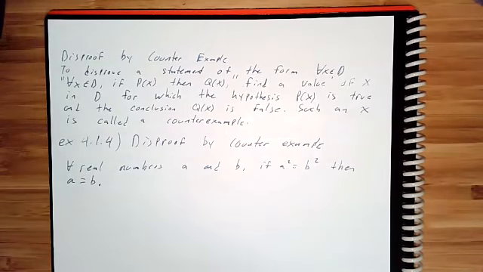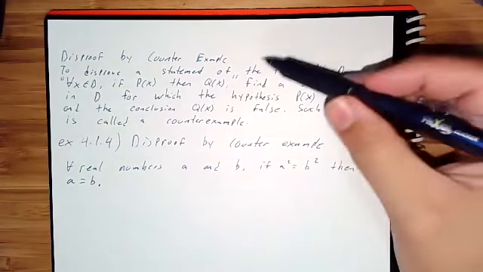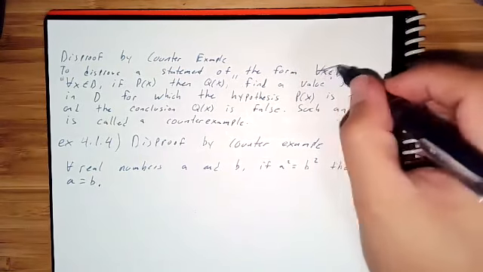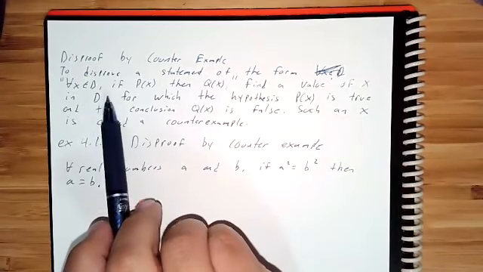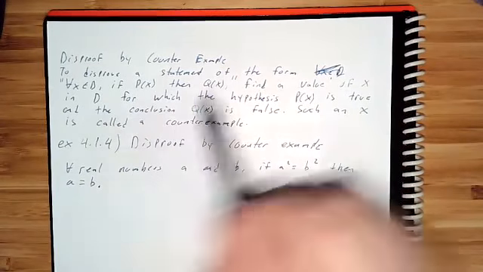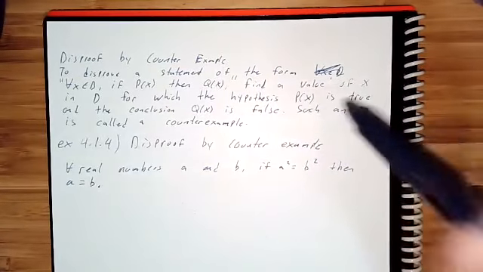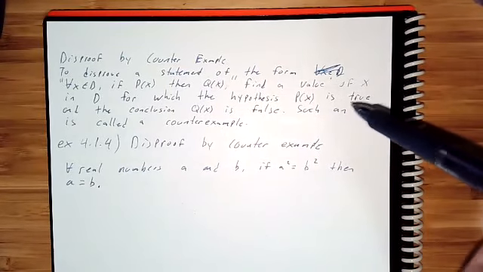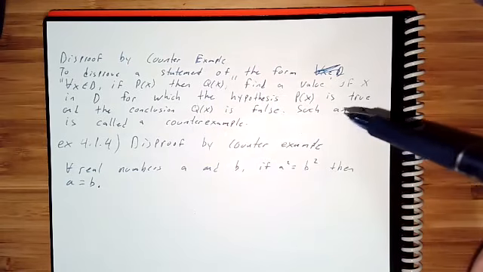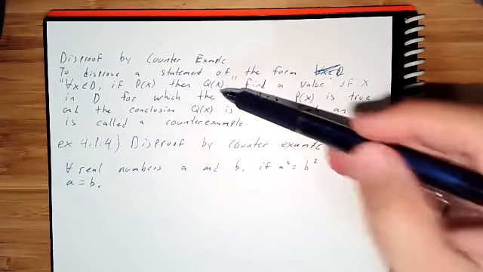All right, so now let's go over disproving by counterexample. So to disprove a statement of the form, for all x, if p of x then q of x, all you have to do is find a value of x in D for which the hypothesis p is true and the conclusion q is false. So p needs to be true and q needs to be false.